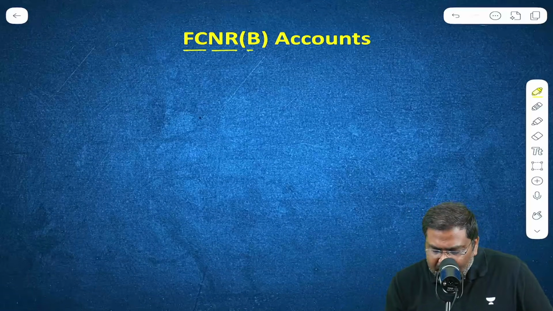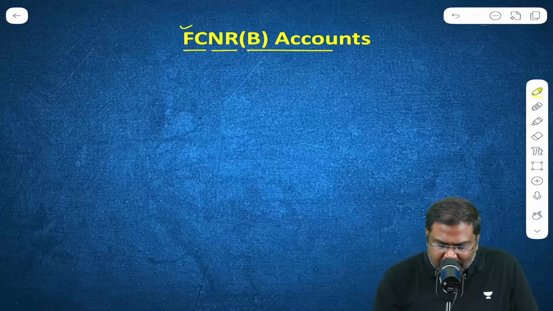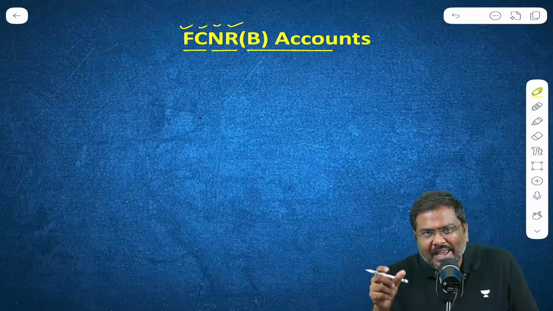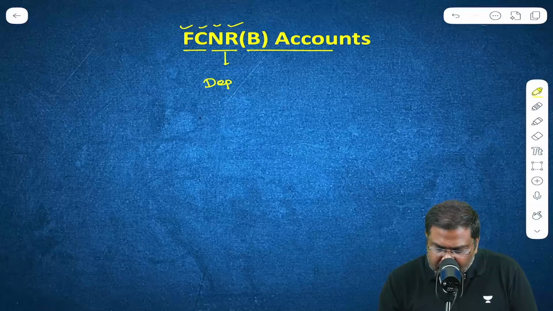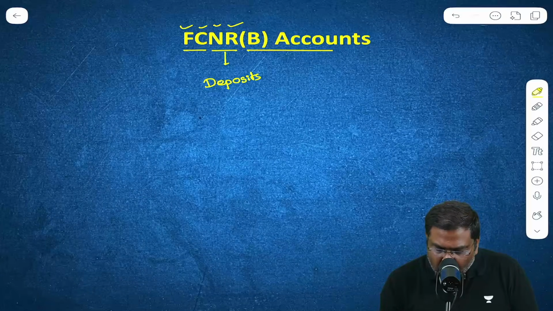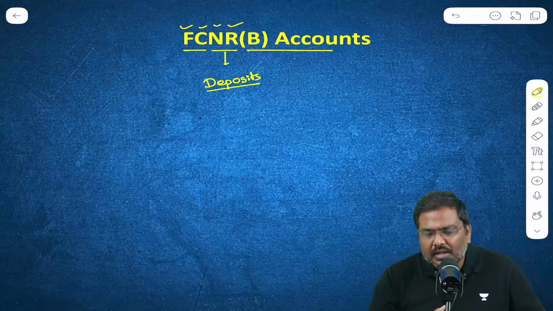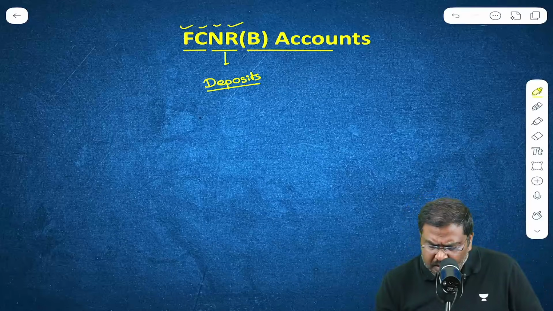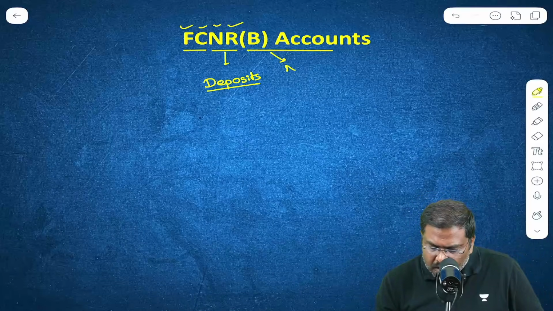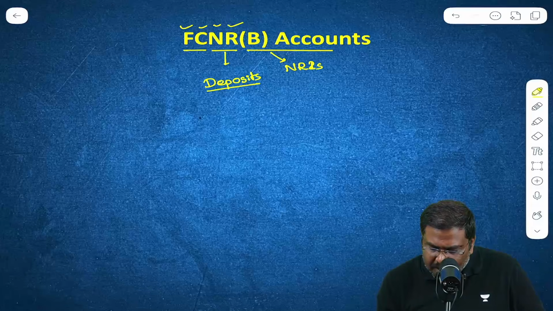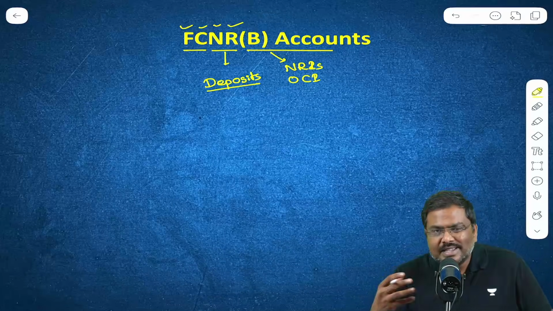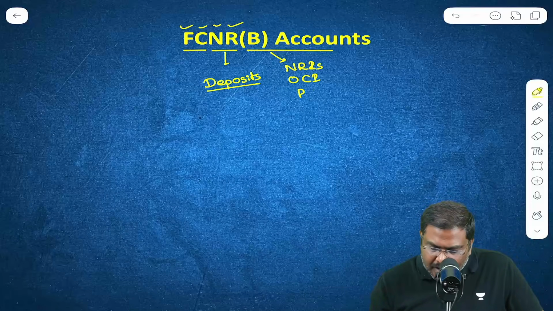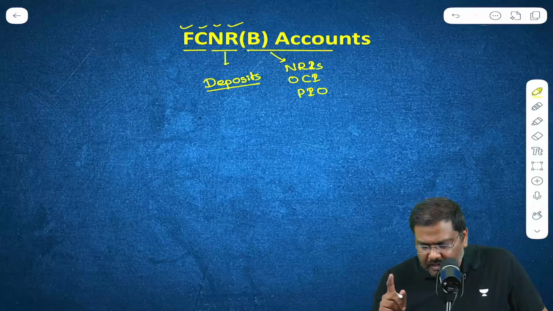Second one, FCNR deposits, foreign currency non-resident B accounts or deposits. These are basically the types of deposits which are held by foreign depositors. Now, what are the types of foreign depositors covered under this? We basically cover the deposits which are kept by NRIs, the deposits which are kept by overseas citizens of India, OCI, and PIO, person of Indian origin.